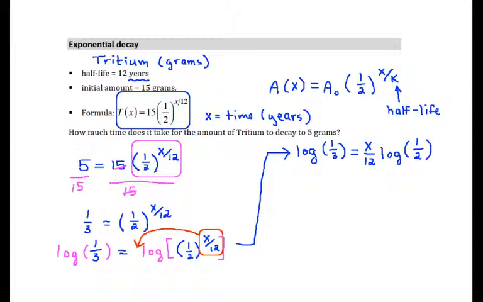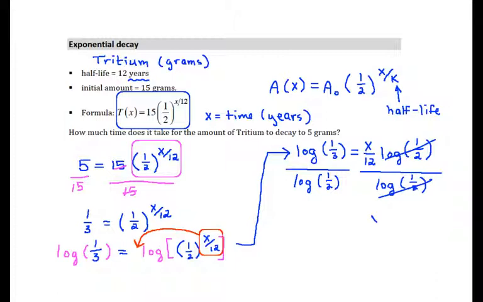Now I have two operations that I need in order to get x alone on one side of the equation. I can do them all at once if I'm comfortable with it. If not, go ahead and do it in two separate steps. So maybe the first would be to divide both sides by log of 1/2. Which does allow me to get rid of the multiplication by log of 1/2.